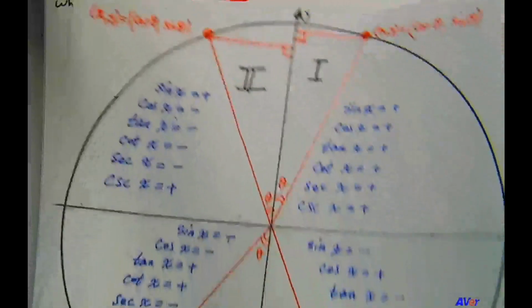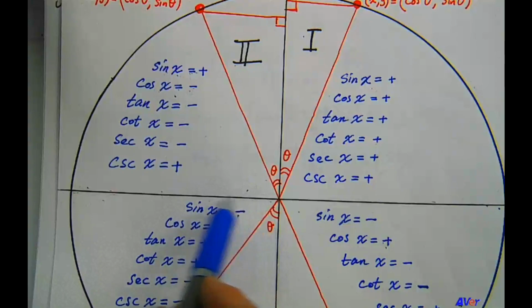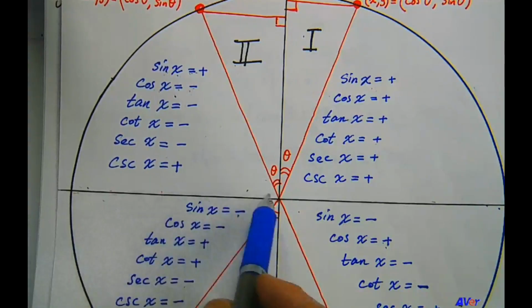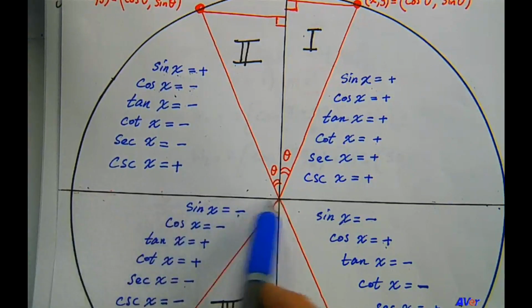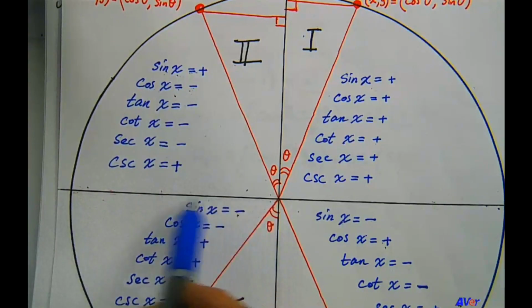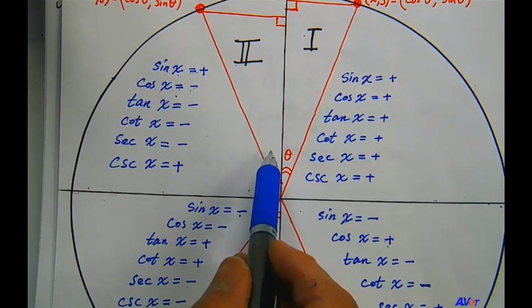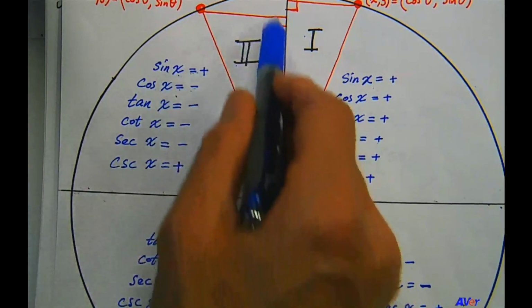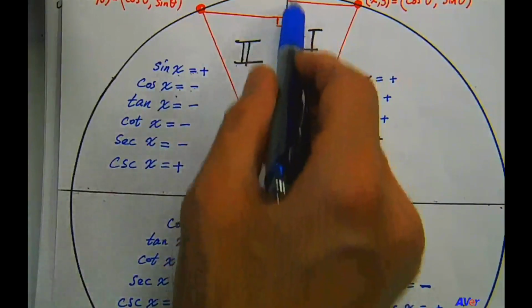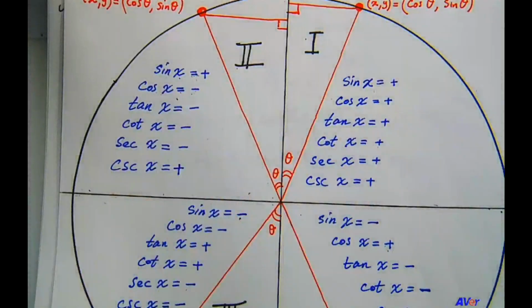The reflection of the reference angle pi over 6 in the second quadrant is along the horizontal line for the cosine. It's going to be negative because it's along the negative side of the x-axis. And the reflection for the sine is along the vertical y-axis, and that's positive. So sine is positive, cosine is negative.